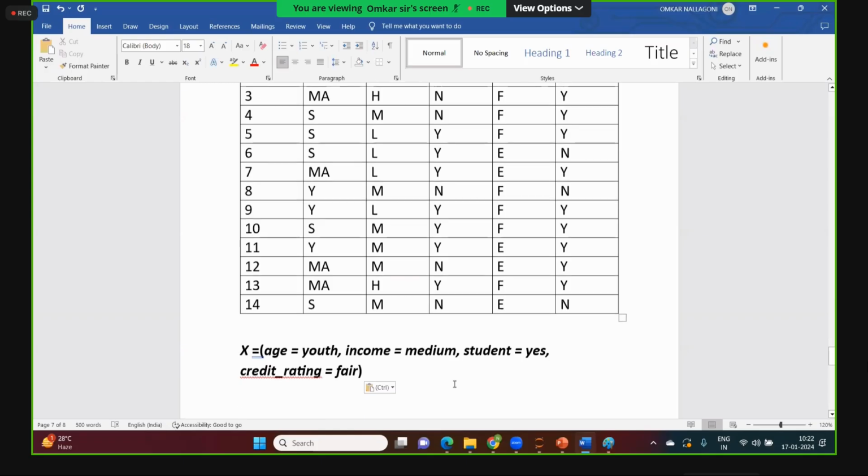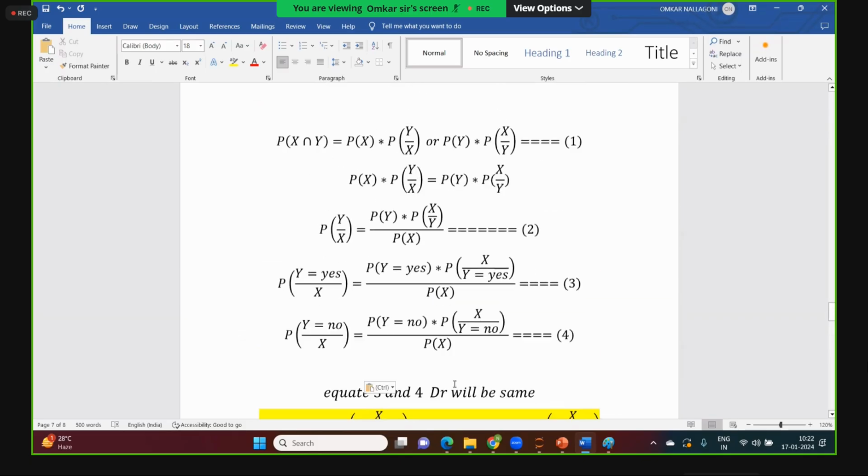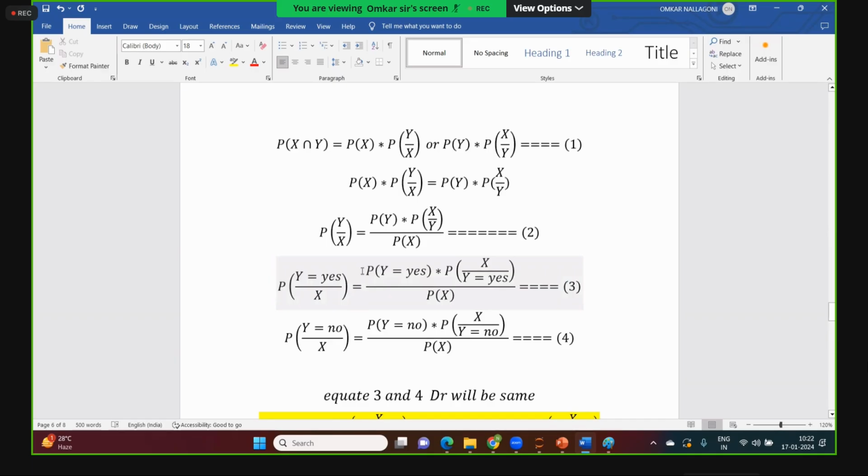Age equal to youth, income equal to medium, student equal to yes, credit rating equal to fair. Okay, let's come to here now. You need to find this first.